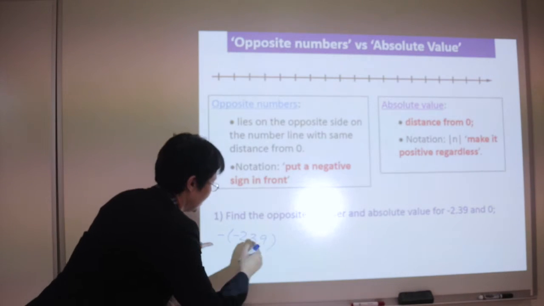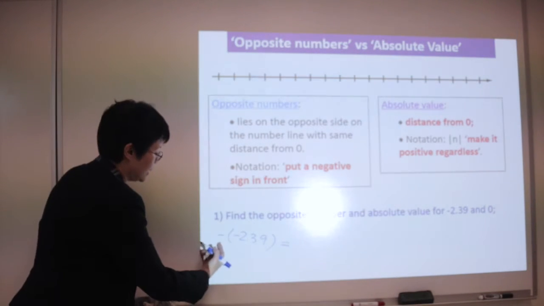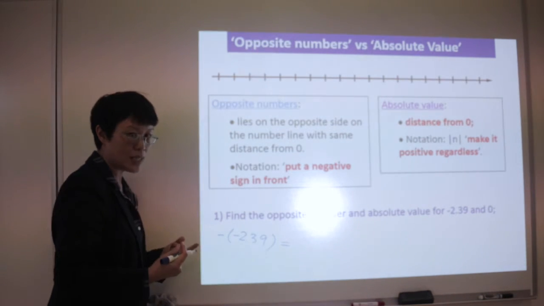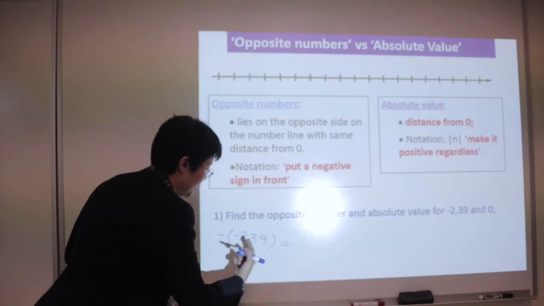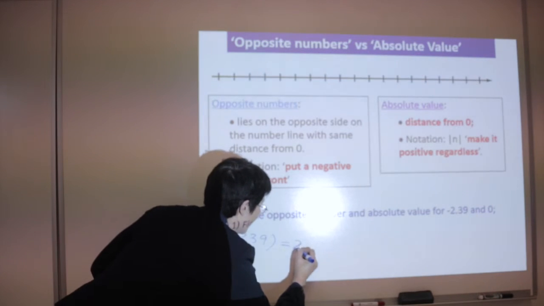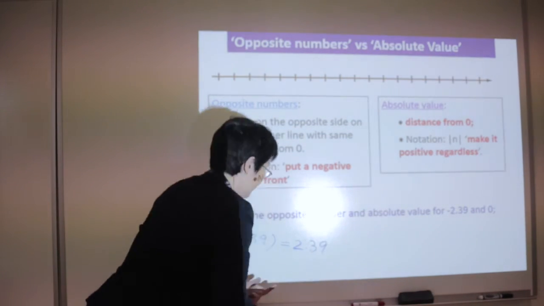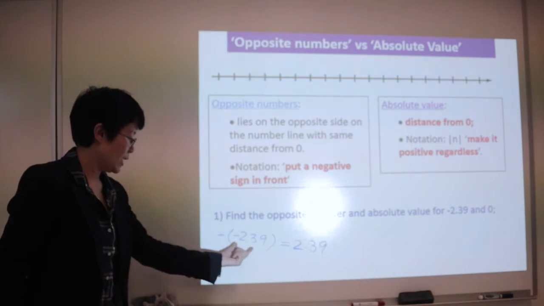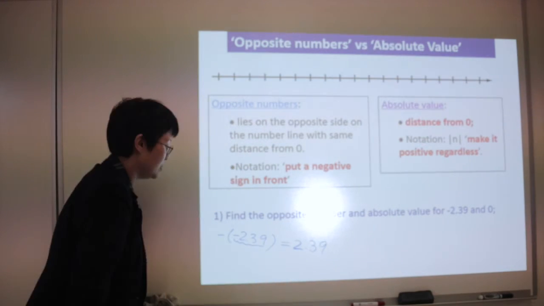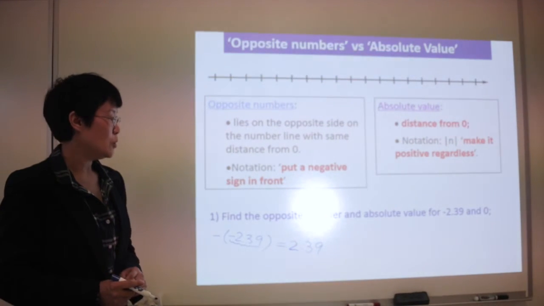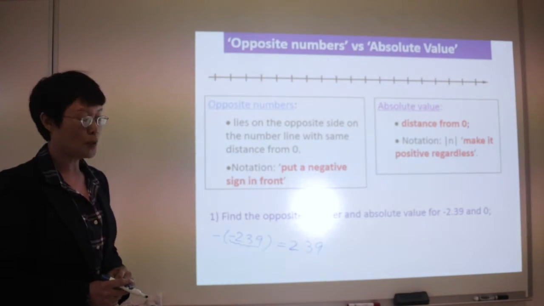Now, what do we get? Negative 1 multiplied by negative 2.39. The signs are the same, so the product is positive. 1 multiplied by anything is that thing. So 2.39 is the opposite number of negative 2.39.